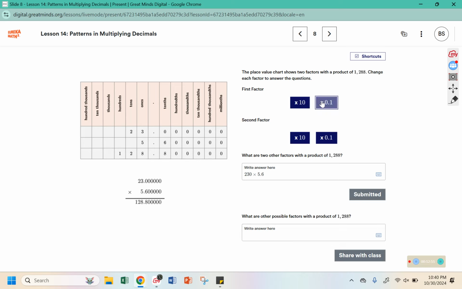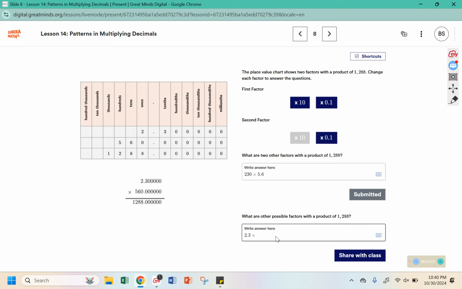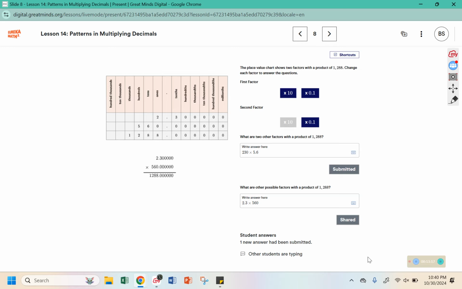Let's try and make it smaller than 23. Well, to make it back to 1,288, I need to adjust 56 back up to 560. So I have 2.3 times 560. So I'm adjusting those place values to maintain the same product of 1,288.